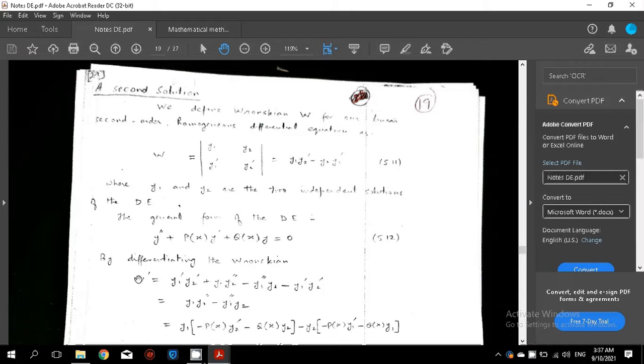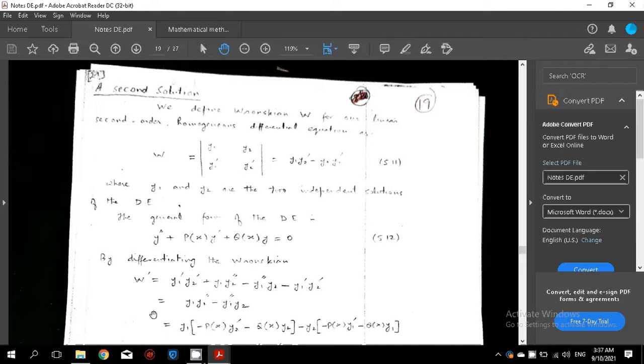So we will take the derivative of the Wronskian, W dash, which will contain 4 terms, and when we simplify this we will get y1 y2 double dash minus y1 double dash into y2.